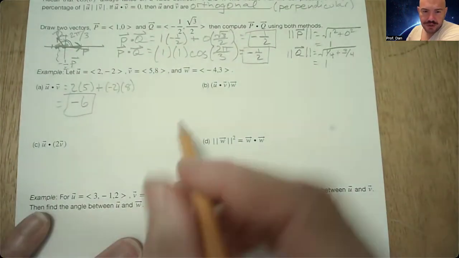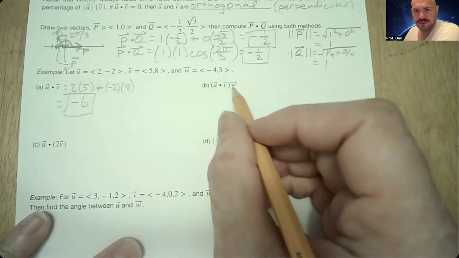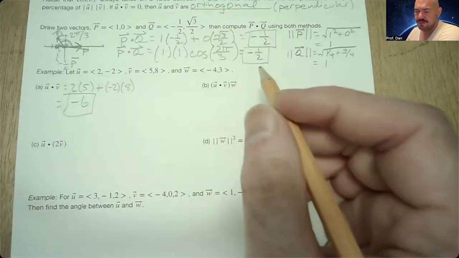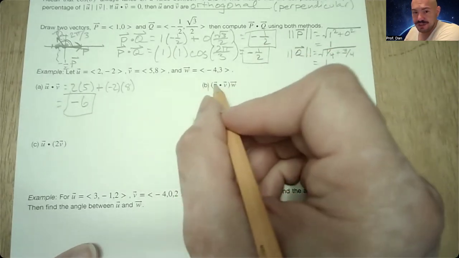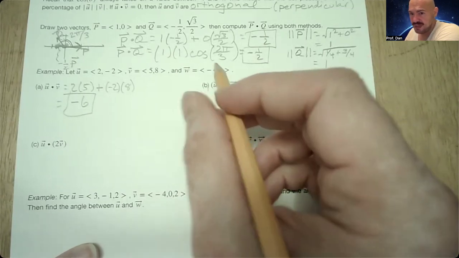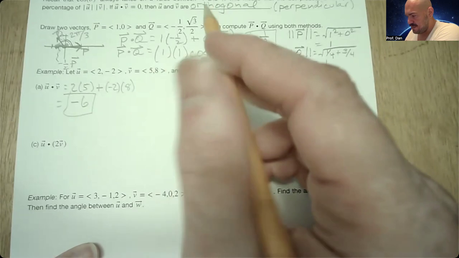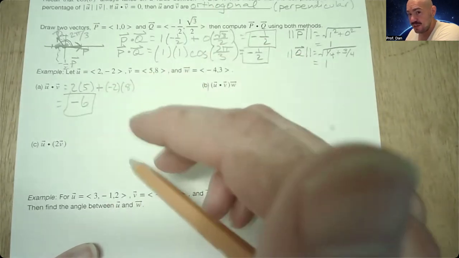For B, we want u dot v times vector w. Notice we're not doing the dot product of this times this. That actually wouldn't make any sense. Because think about it, what are the inputs for a dot product? You have to have two vectors.